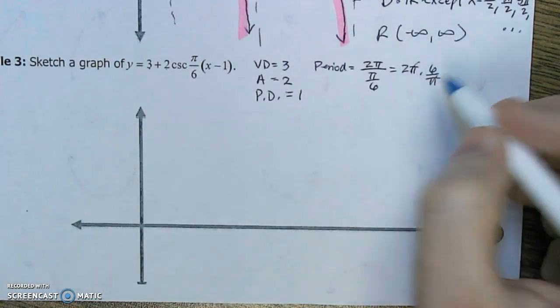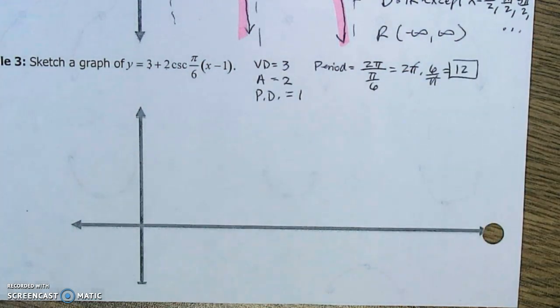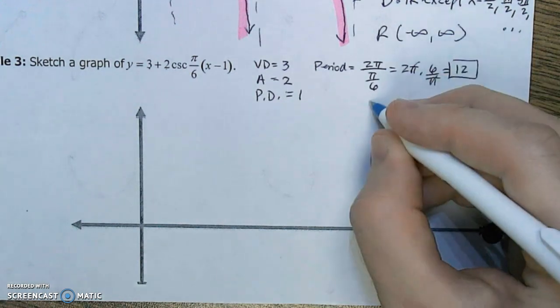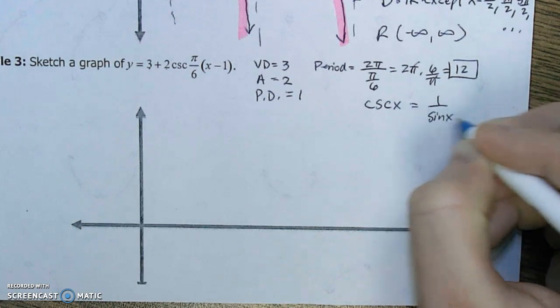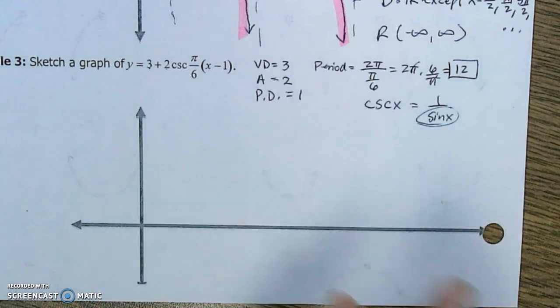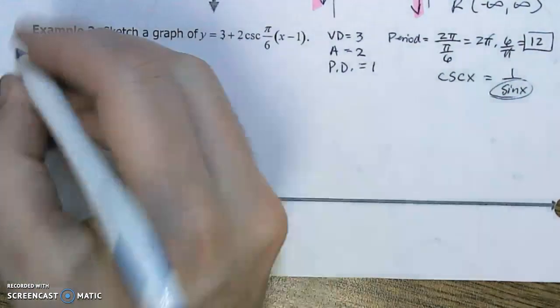Pi's cancel, and I get 12 for the period. Also, let's notice that it's a cosecant graph. So that is 1 over sine, and I'm going to be graphing a sine wave to find the asymptotes. So let's make a table out of this.